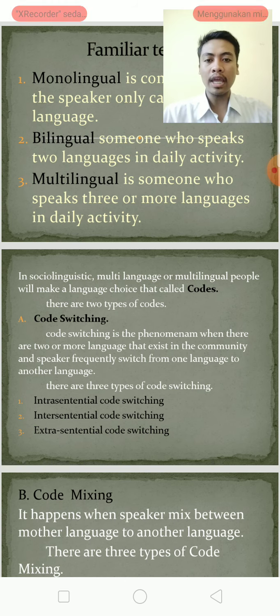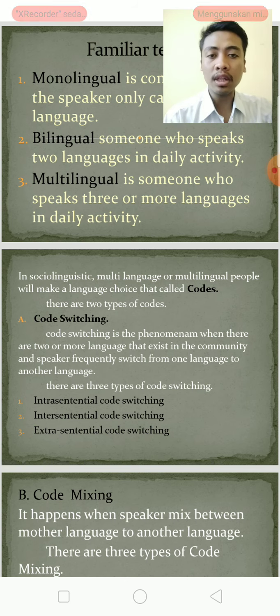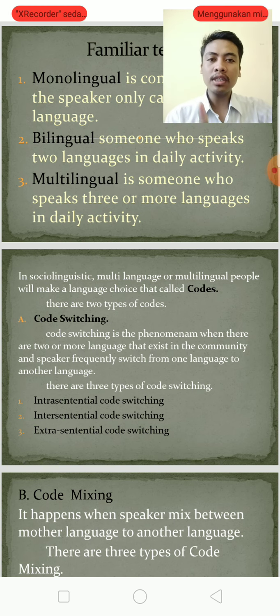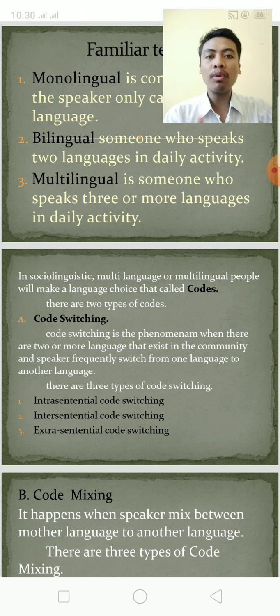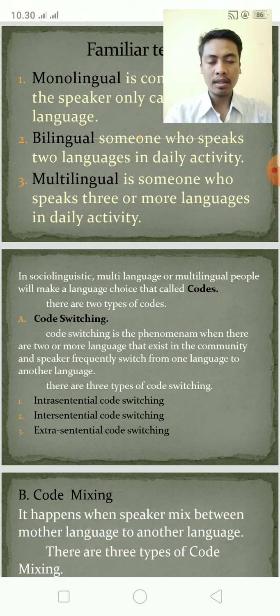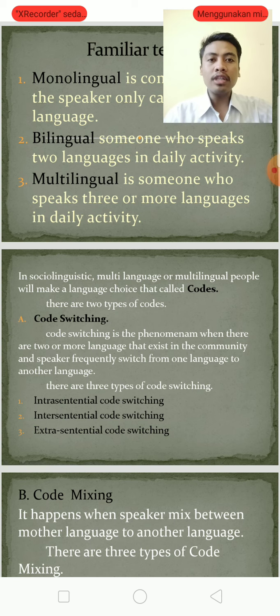Next is intersentential code switching. Intersentential code switching is a phenomenon of switching from one language to another language, from one sentence to another sentence. For example: did you know yesterday I went to school?